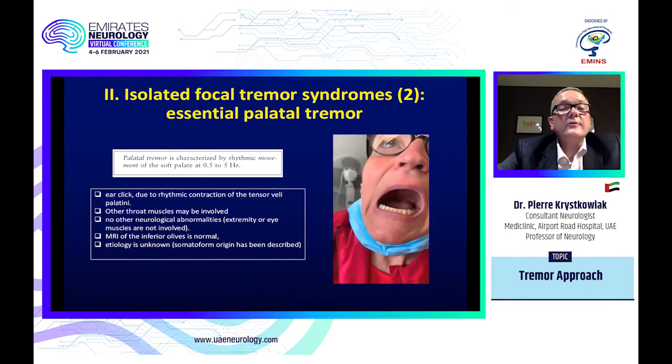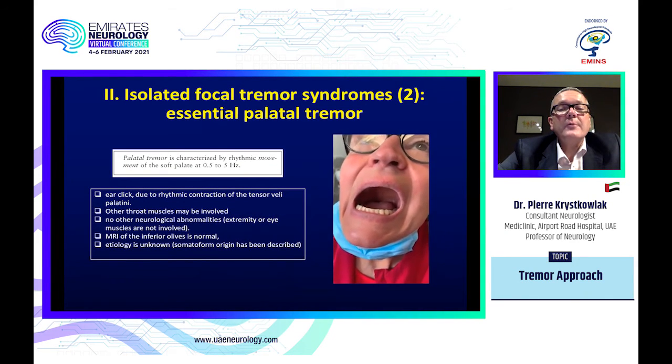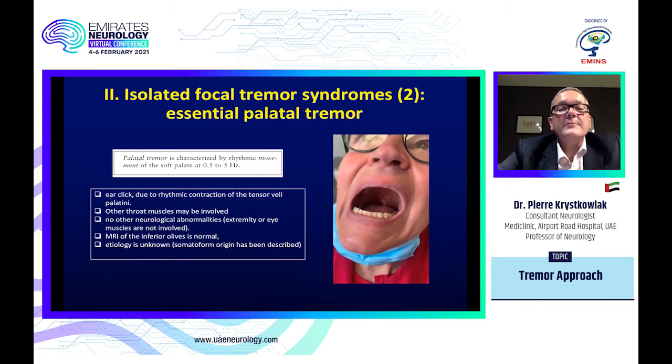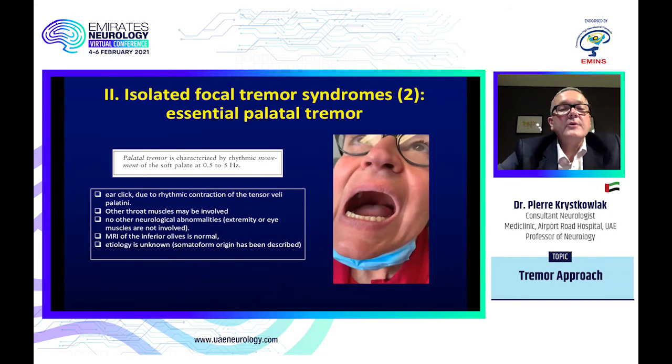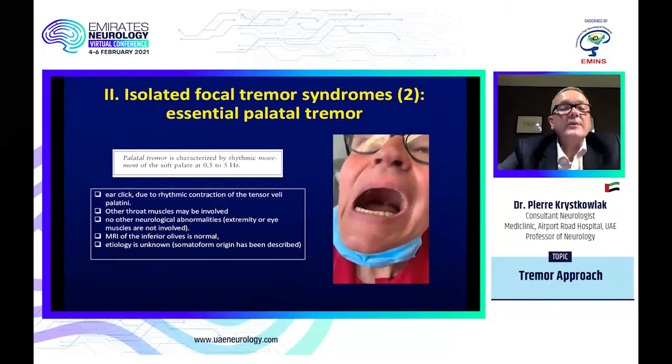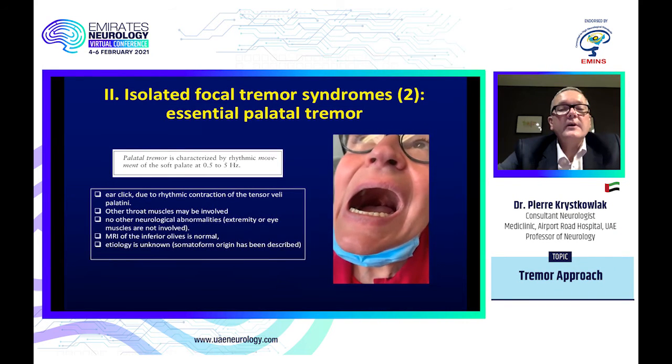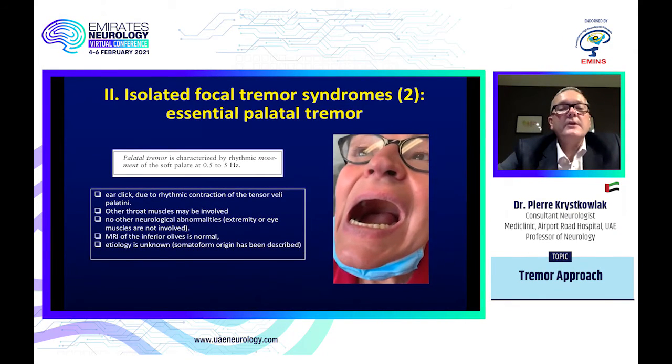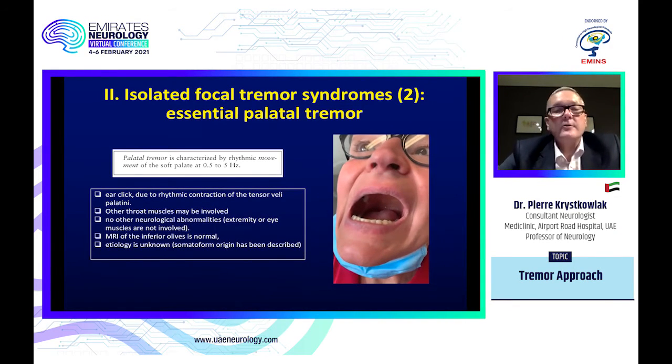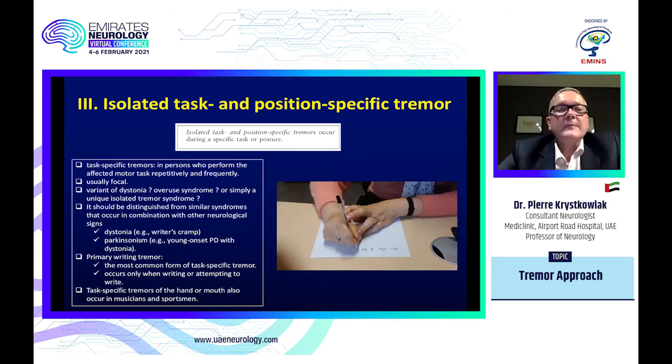Conversely, there are no other neurological abnormalities, which means the extremities and eye muscles are not involved, and the MRI of the inferior olives in the medulla oblongata is completely normal. The etiology is unknown, even though some somatoform, functional origin has been described.